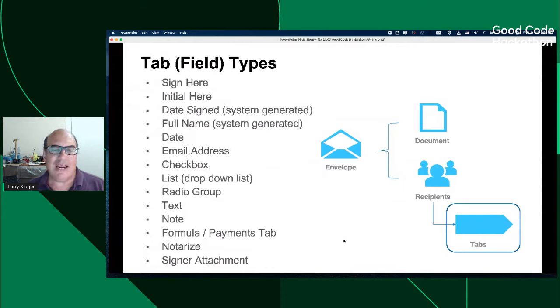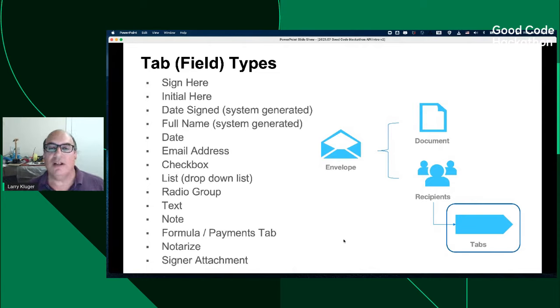In terms of gaining data, having the signer put in data, we've got a number of different field types that can cover a lot of cases. So that's a checkbox list, drop-down list, radio group, text, note, which is larger, and so forth.